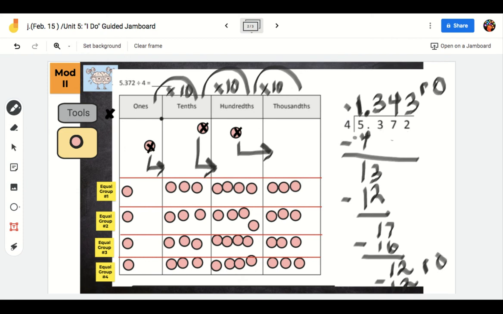My math model matches the standard algorithm. 1 and 343 thousandths. Using place value models to support my division. All right.